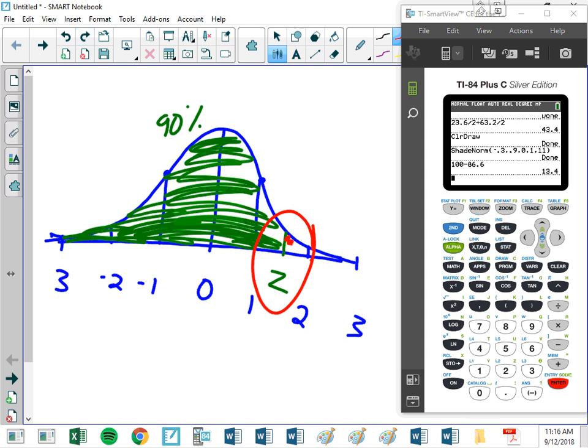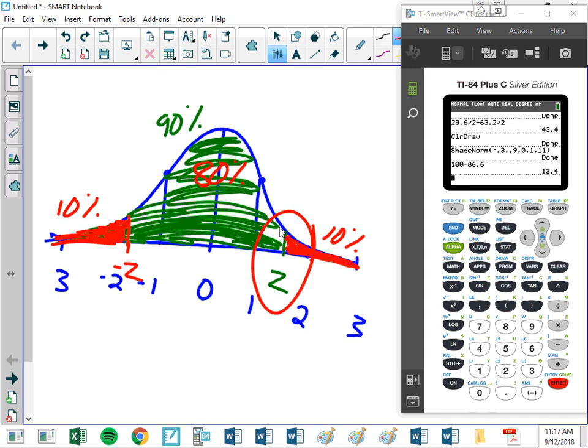How much area is over here? 10%. So if I go over here to negative z, how much area is over here? 10%. Which means that the middle is 80%, and now I have a central area.